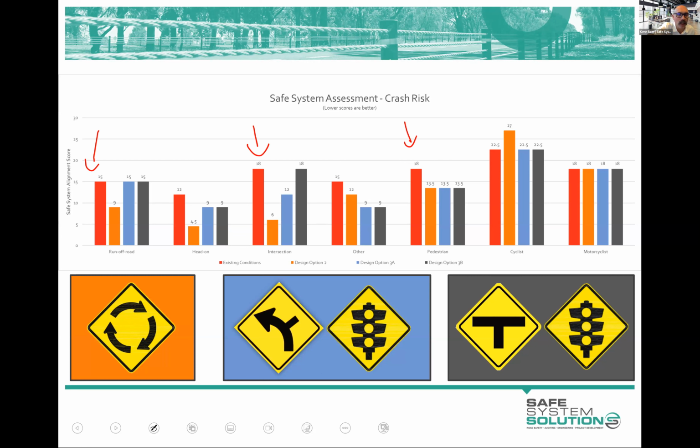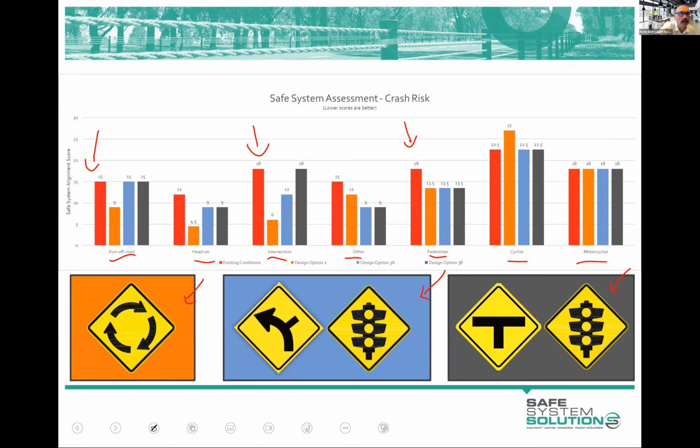Then there were three different design options. There was one design option which was a roundabout. There was a design option that was a modified T intersection with a set of traffic signals, and a conventional T intersection with a set of traffic signals. And what we can then see, for run-off road crashes, head-on crashes, intersection crashes, pedestrians, cyclists, motorcyclists, is whether things get better, and better would be for the score to go down.